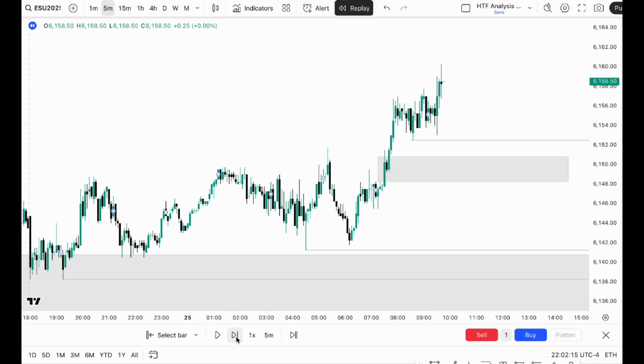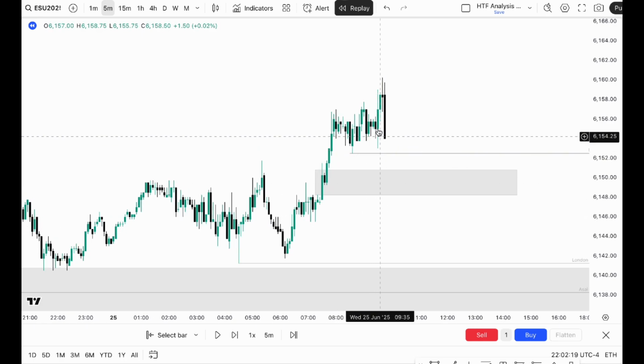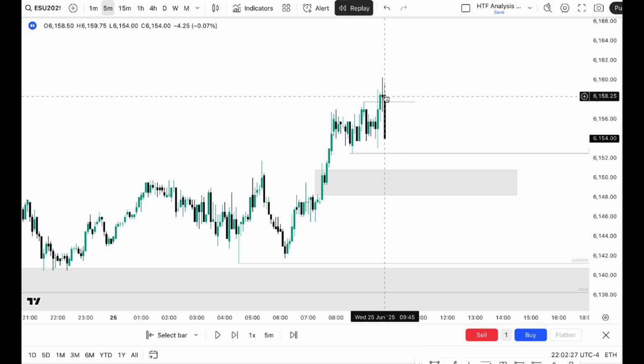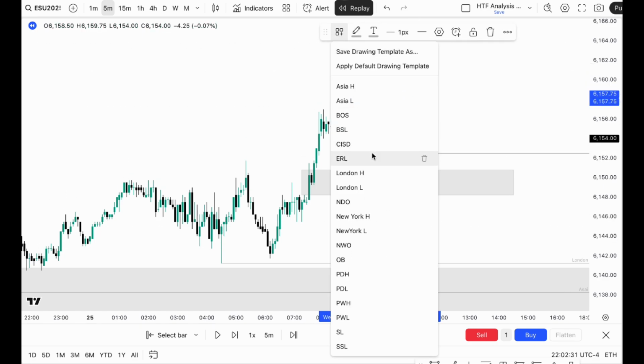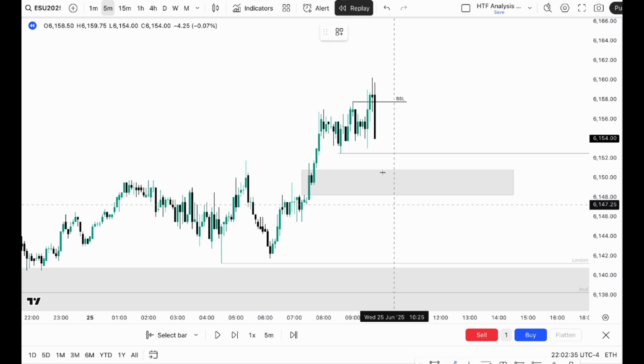We're going to actually go through the price action now and watch price print. Perfect. We see price opens, runs this high, and then we immediately close below this series of up close candles.